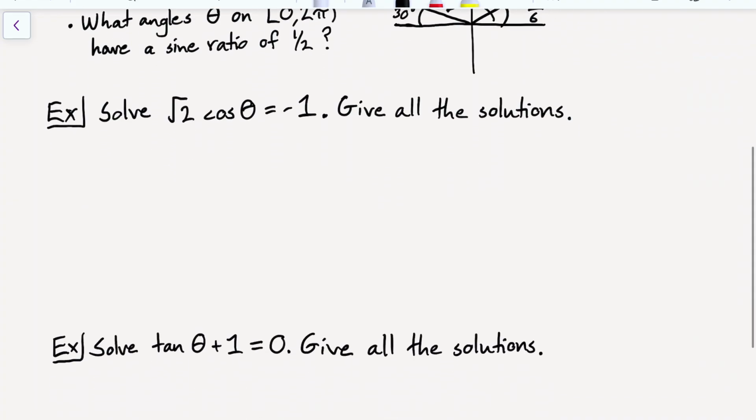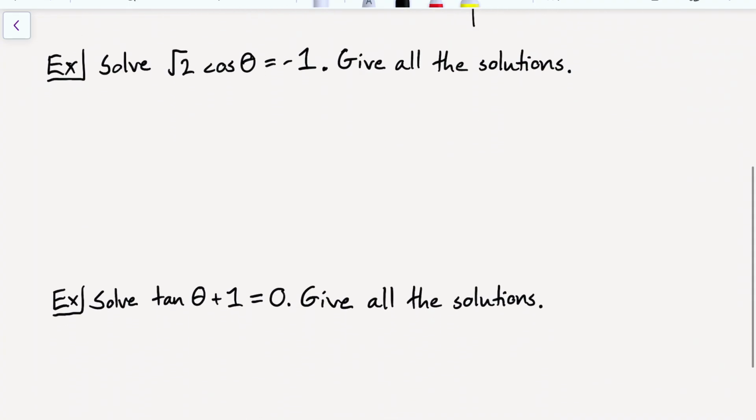In a second example, we'll provide the general solutions for the square root of 2 cosine theta equals -1. This means cosine theta equals -1 over root 2, or if you rationalize this, its more familiar form is negative root 2 over 2.